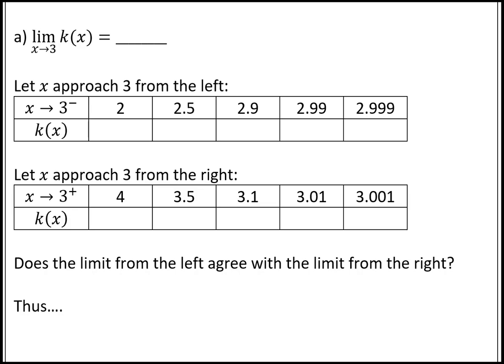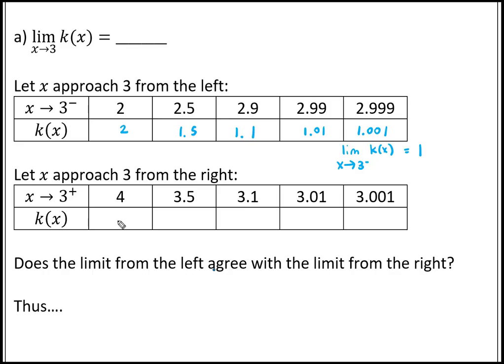Let's use our graphing calculator to help us solve this. And we're going to plug in these values into our k function. So k of 2 is 2, k of 2.5 is 1.5, and then we get 1.1, 1.01, and 1.001. And so the limit of this function as x approaches 3 from the left is 1.